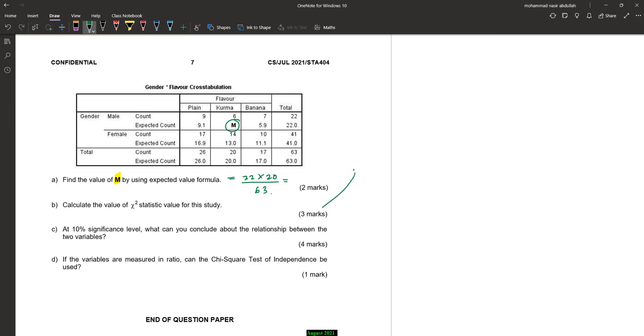So for B, chi-squared should be equal to the summation of observed minus expected, squared, divided by expected, right? So we need to calculate one by one.